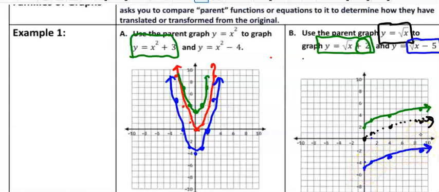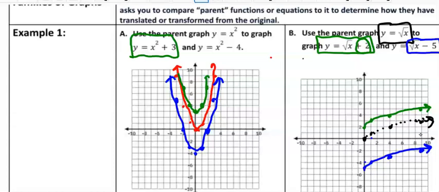Does that make sense? Questions? Better ask if you've got a question. Does everybody see I'm getting these? 0, 0 is the first point, right? What's square root of 1? Square root of 4? Square root of 9? And that's all you need right there, correct? It's going to be half of a C, isn't it?